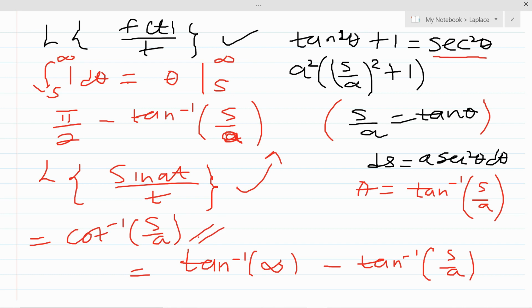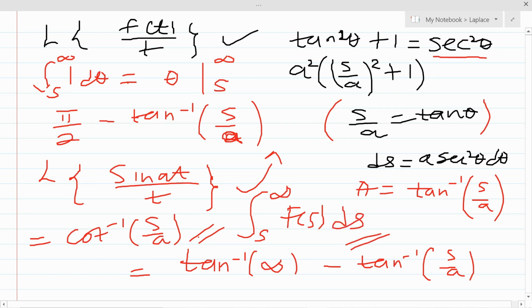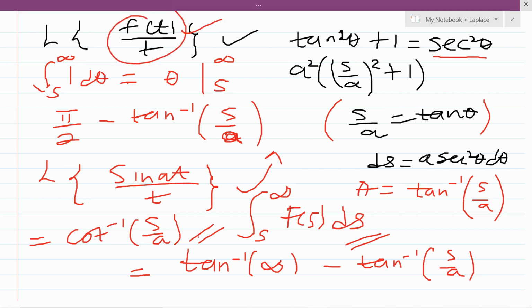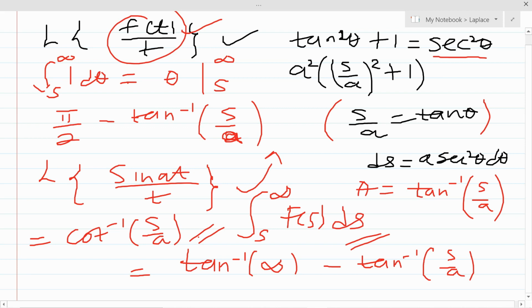Like I said, kindly forgive me, the limit of integration is actually supposed to be s to infinity of capital F of s ds. So this is what you always do. First, test if the limit of this expression as t approaches 0 exists.